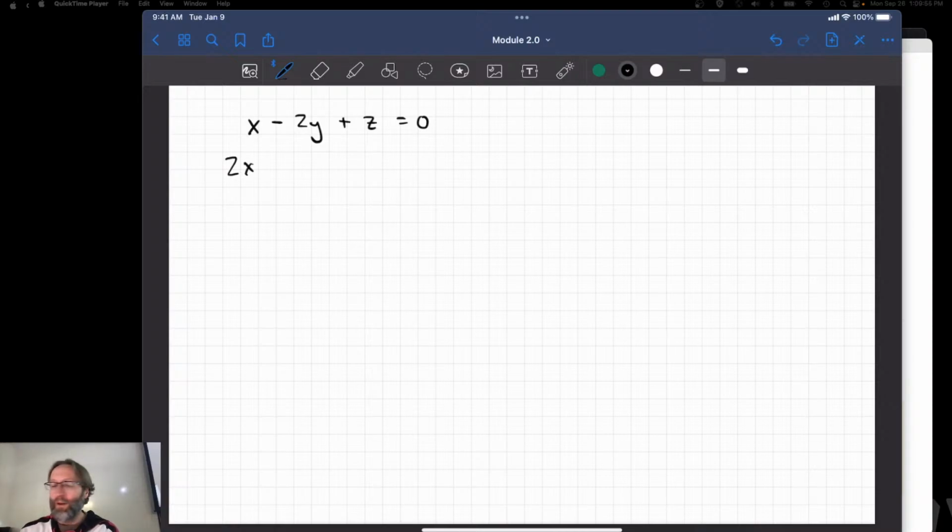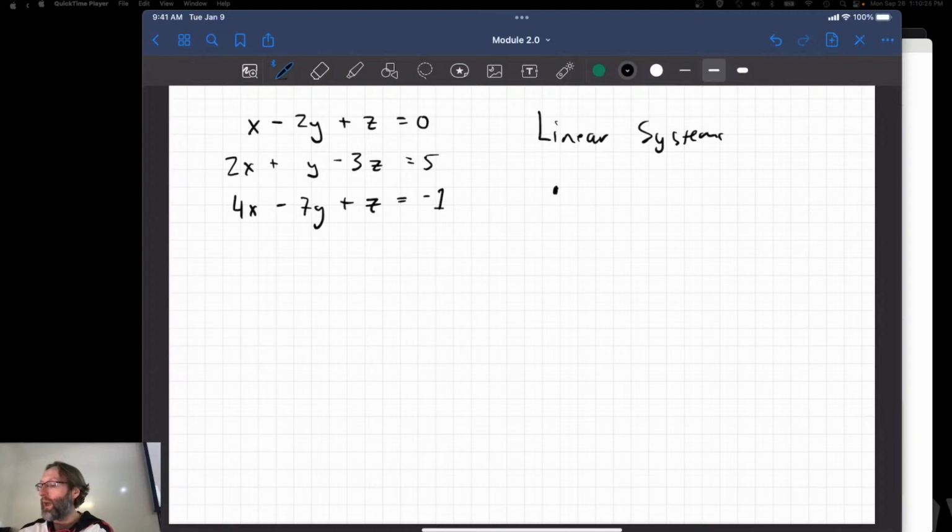I'm just pulling this one off as an example because it probably comes out to nice whole numbers. Plus y minus 3z is equal to 5. And then another one is 4x minus 7y plus z is equal to negative 1. Right? Now we have 3 equations and 3 unknowns. These are all linear systems.